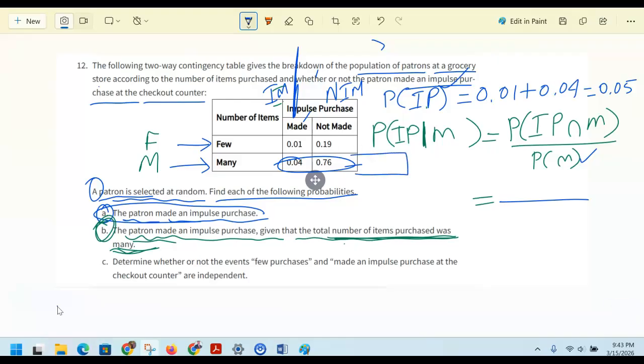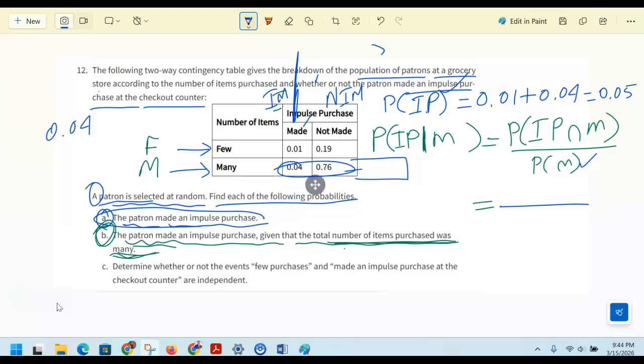I should have done this first. So the bottom part is 0.04 plus 0.76 for many. If you add, it becomes 0.80. So the bottom piece becomes 0.8.